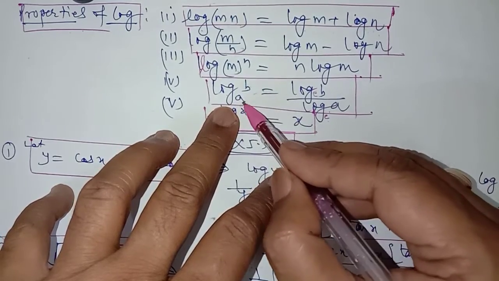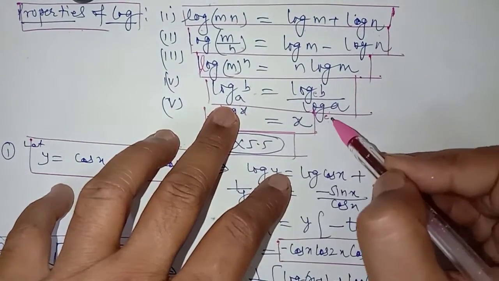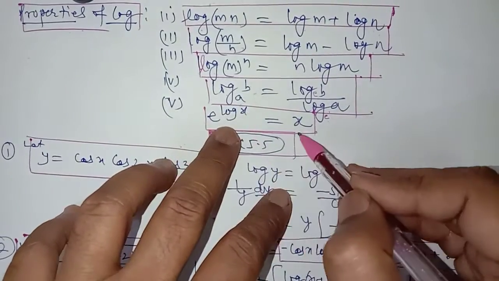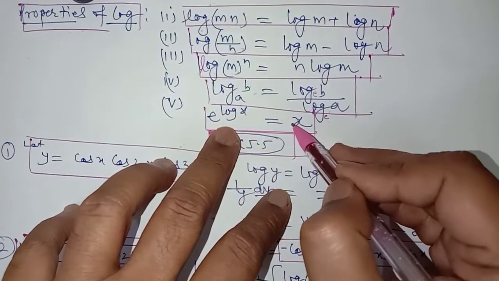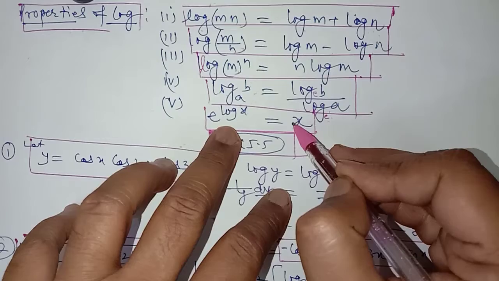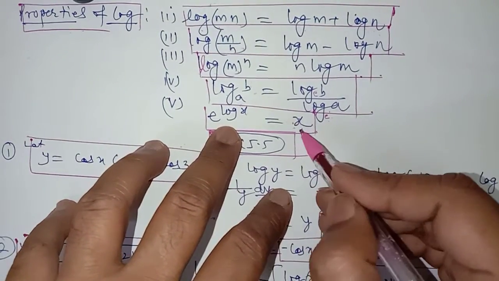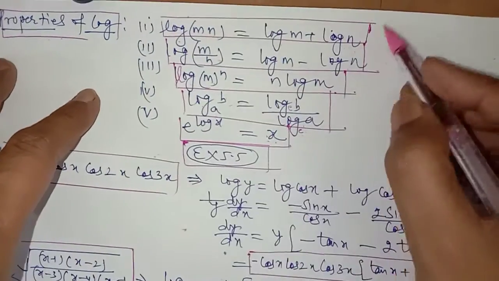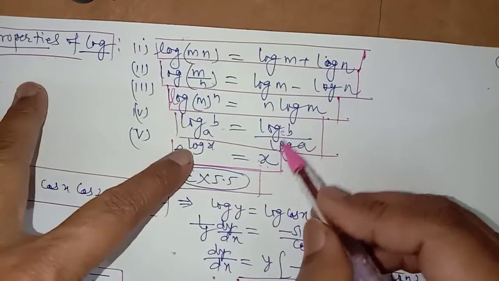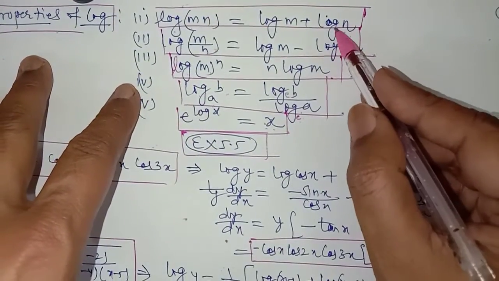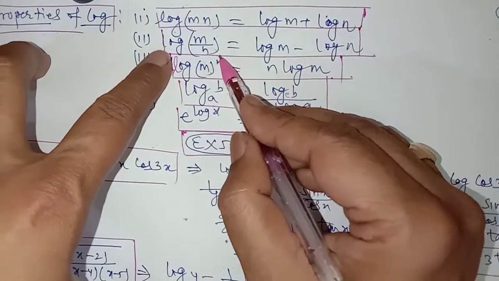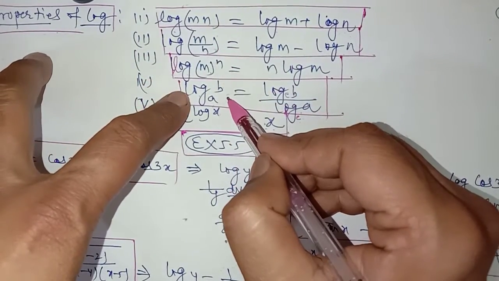Also, e raised to power log x is equal to x. You must know this property because in one or two questions we have to use it. So these are the properties of log: multiplication, division, power, and changing of base.